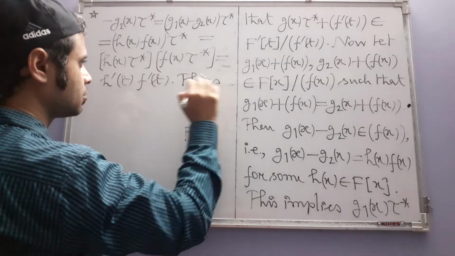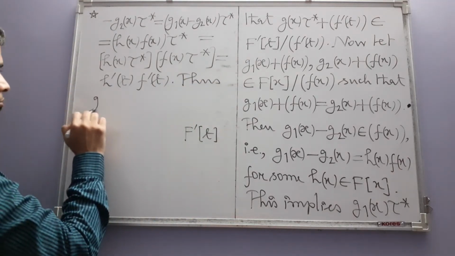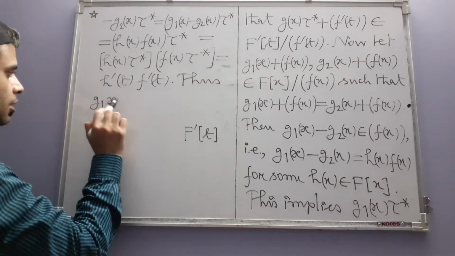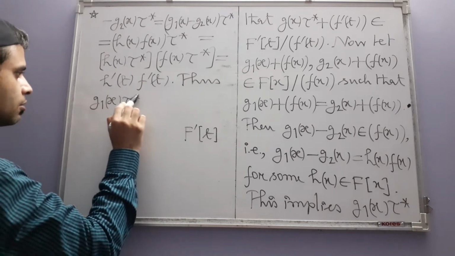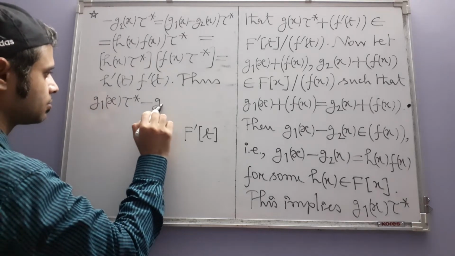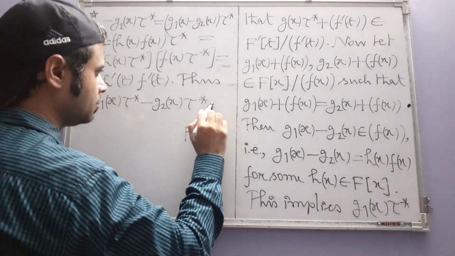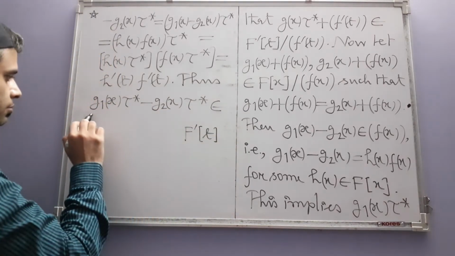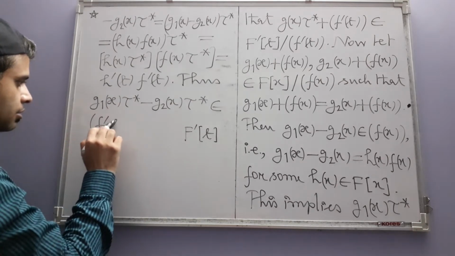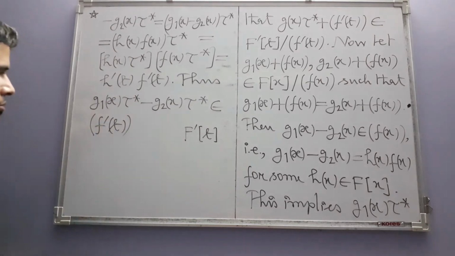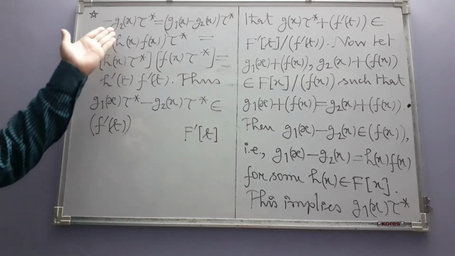Thus, g1(x) tau star minus g2(x) tau star belongs to this principal ideal because of this thing.